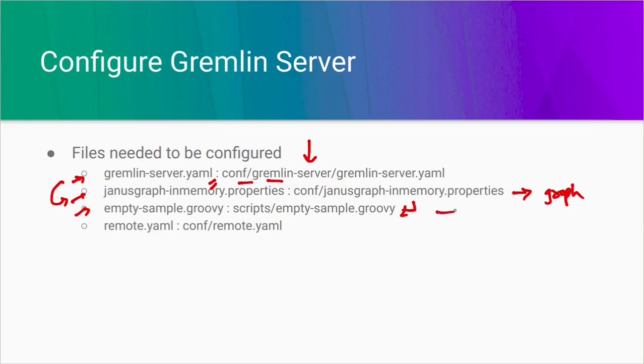It provides us a g, that is a traversal variable, to traverse the whole graph through the Gremlin console. And remote.yml is just a file which is used by the client, that is the Gremlin console, to talk to the Gremlin server. Let's see all the configurations of these files one by one and try to understand how this works.